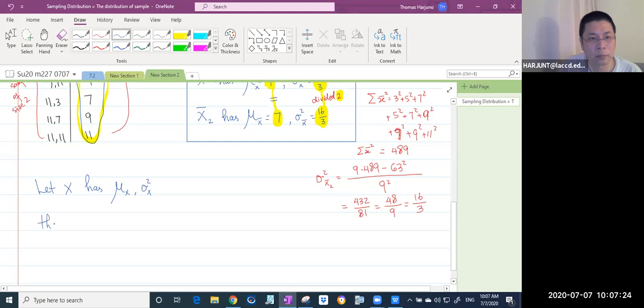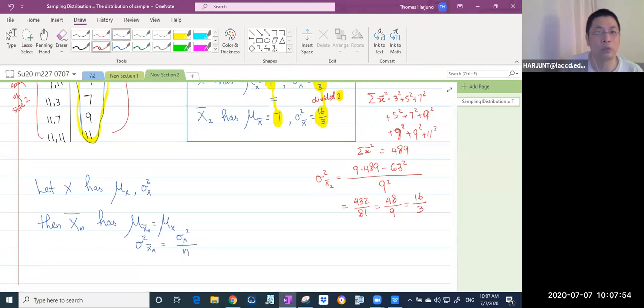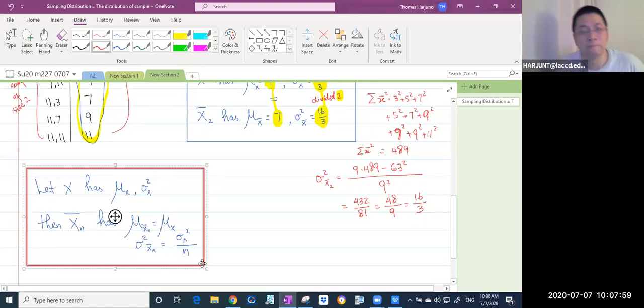Then x bar n, the sampling distribution of size n, has a mean equal to the mean of the original distribution, yet the variance of size n is the original variance divided by n. This is what you need to memorize until tomorrow. I mean, tomorrow we will work on this.